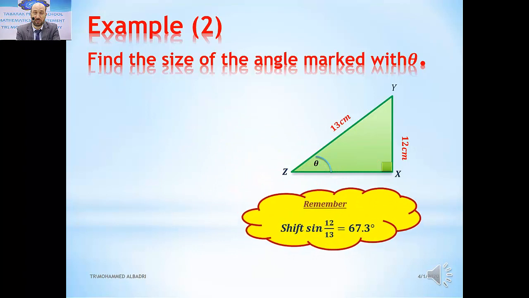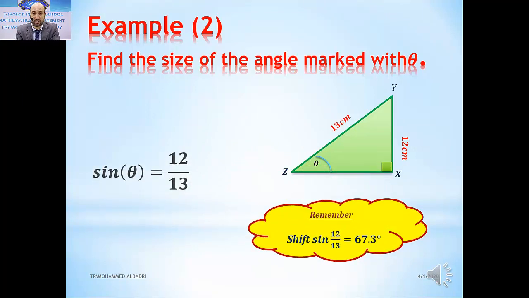So sine theta equals 12 over 13, opposite over hypotenuse. Using the calculator, shift sine 12 over 13 equals, we will have theta equal 67.3 degrees.